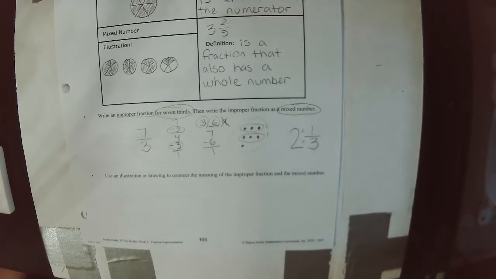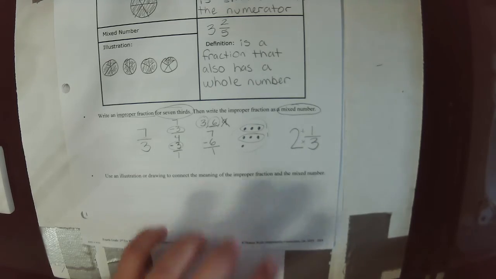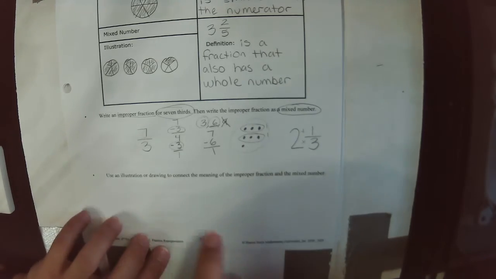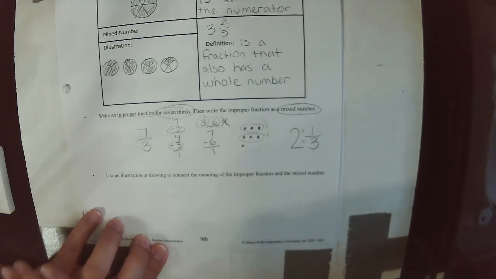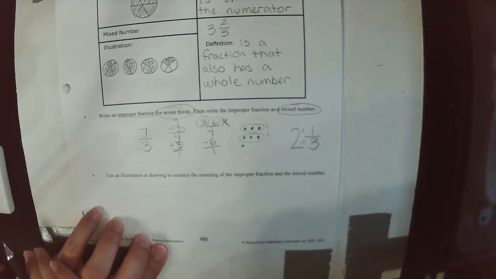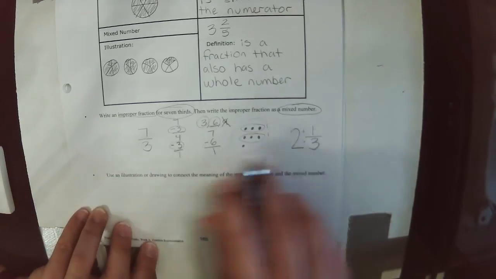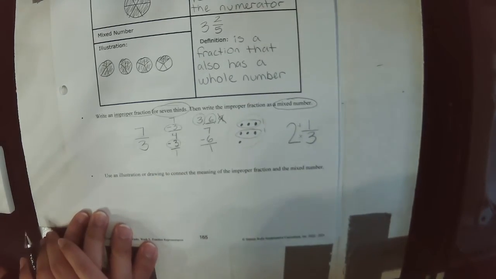Okay, last one. Use an illustration or a drawing to connect the meaning of the improper fraction and the mixed number. All they want us to do is show them that the improper fraction and the mixed number are the same thing. So to do that, all we have to do is draw a model for it.